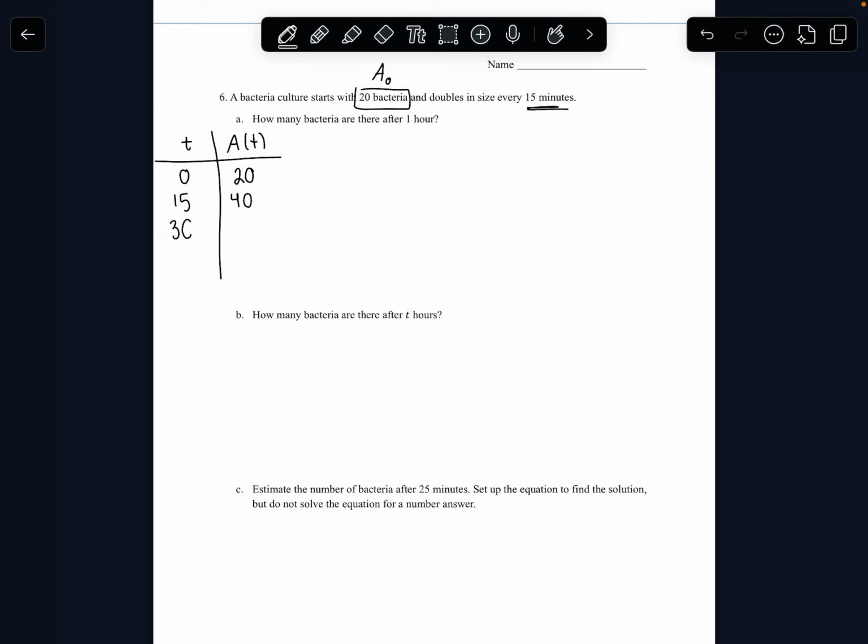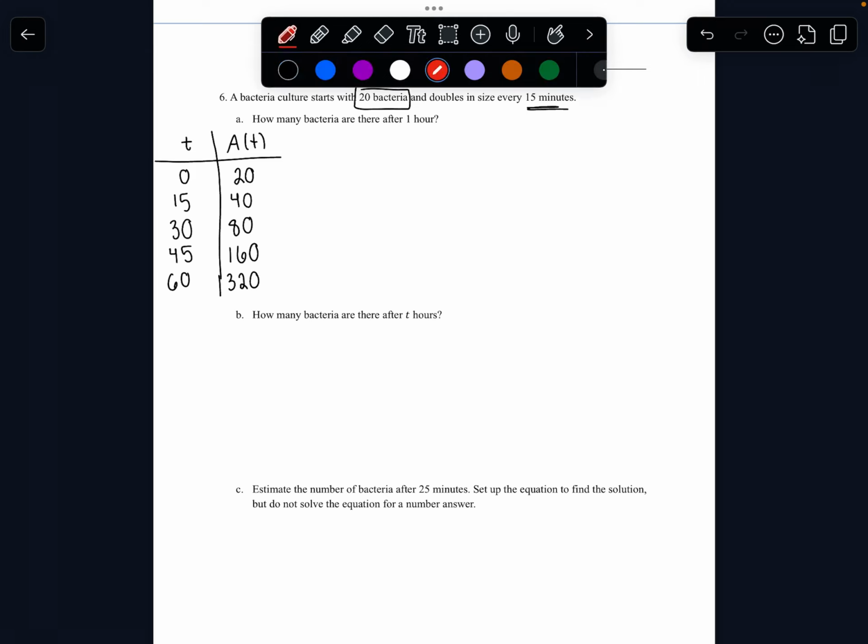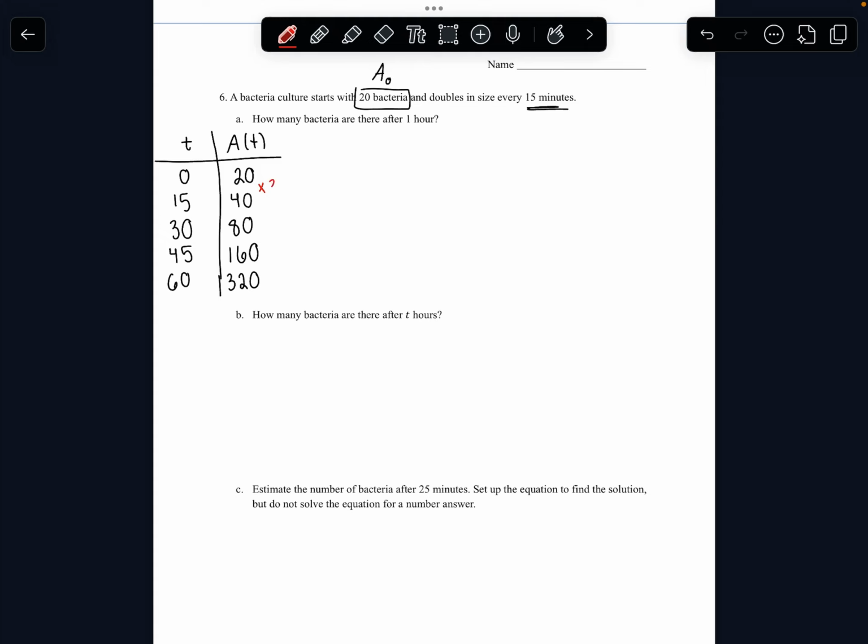After 30 minutes? 80. After 45 minutes? 160. After 60 minutes? 320. So in each of these steps, I was multiplying by 2.